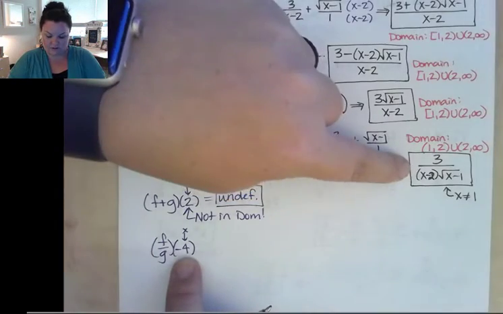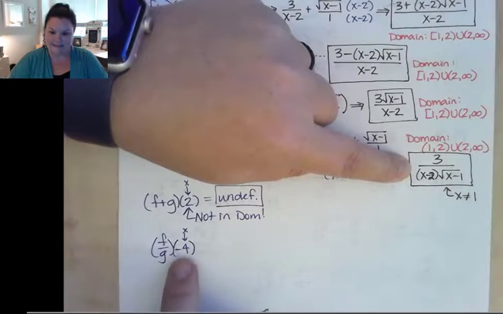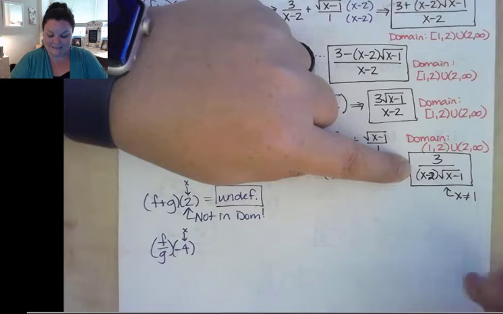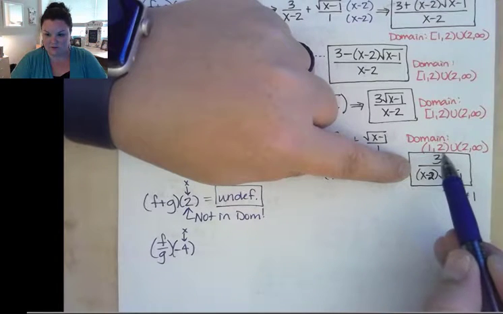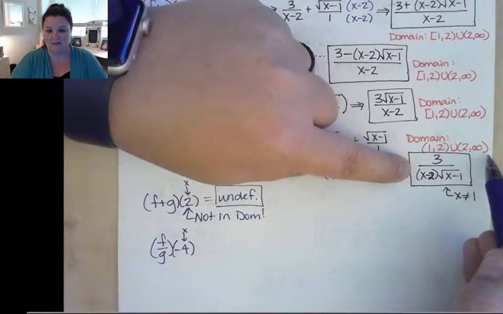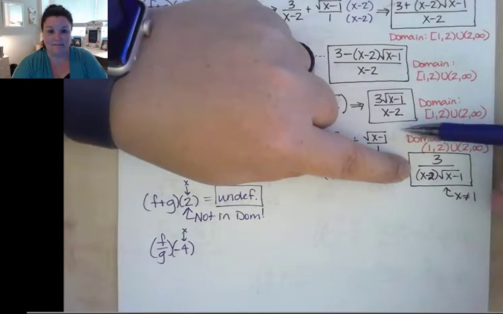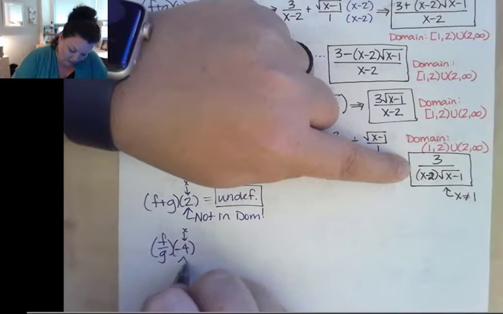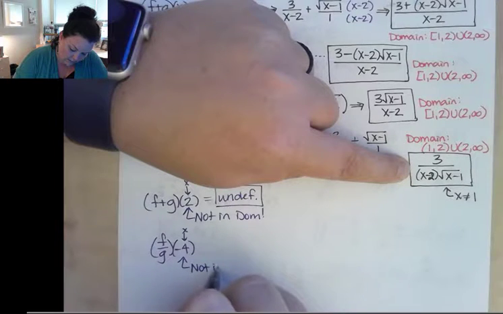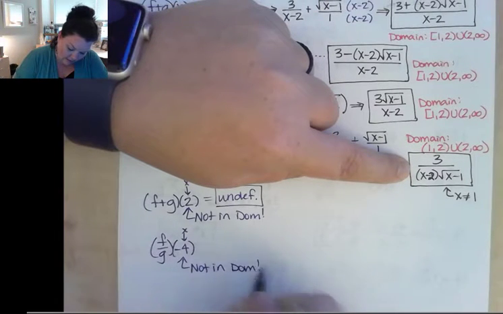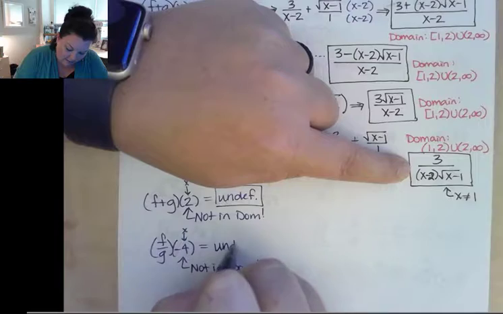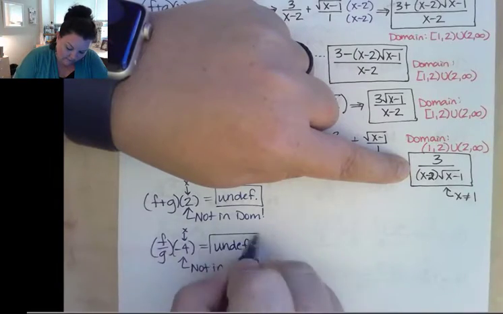So this is what I'm going to be plugging it into as long as -4 is in the domain. So -4 is not between 1 and 2, nor is it bigger than 2. -4 is like in that direction, right? So this one is also not in the domain. And if it's not in the domain, then it's undefined.